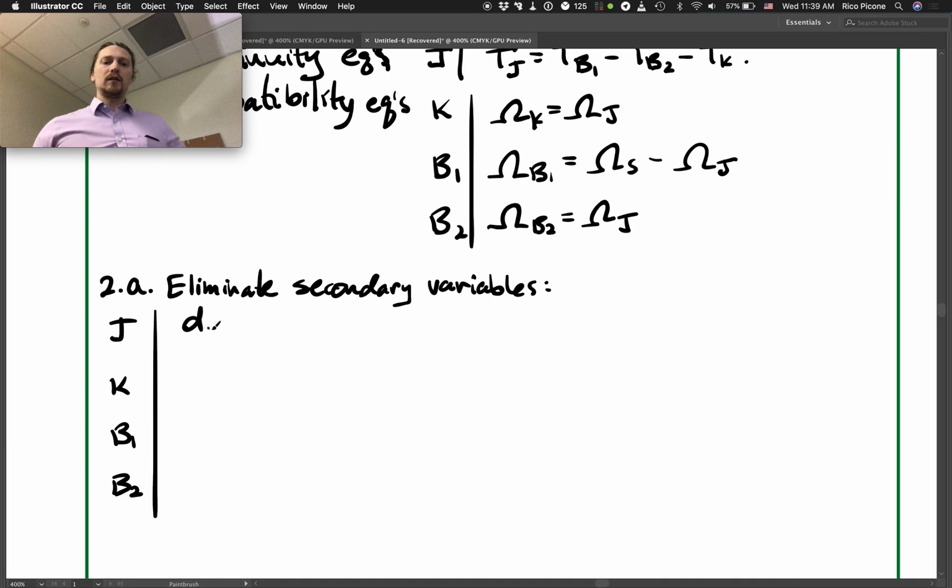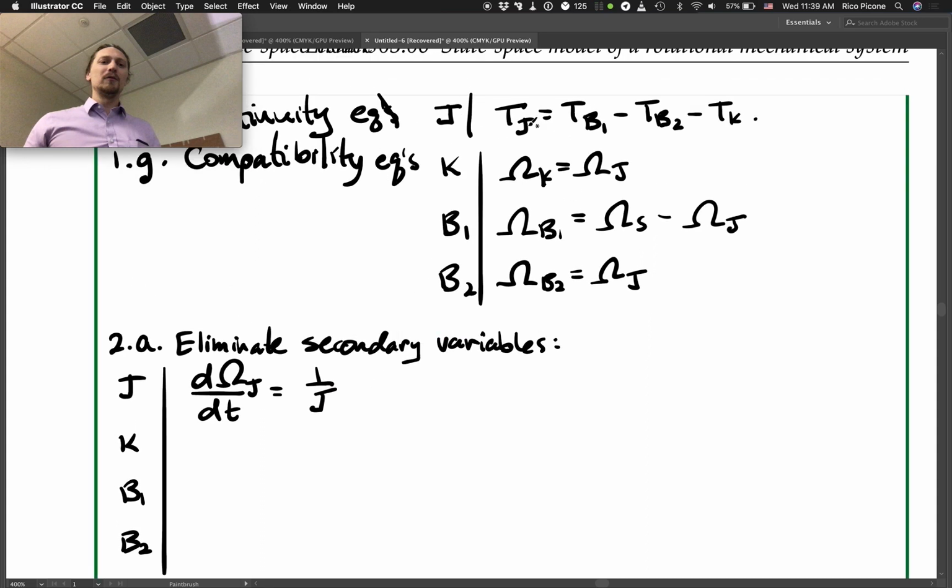Alright, so let's rewrite the first bit of this equation. So d omega J dt equals 1 over J times TJ, right? That was what was there. But we're going to substitute in the continuity equation for J, which says that TJ is just equal to TB1 minus TB2 minus TK.